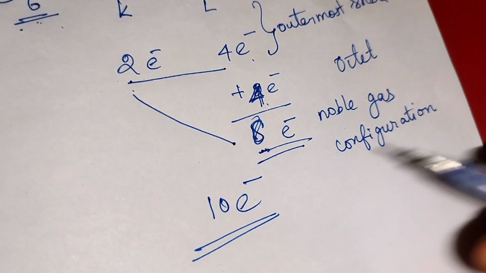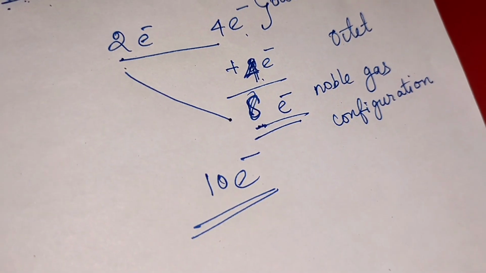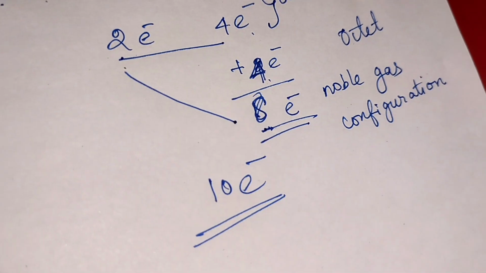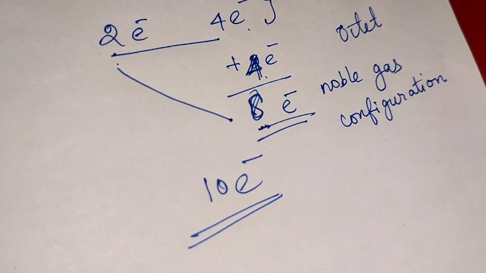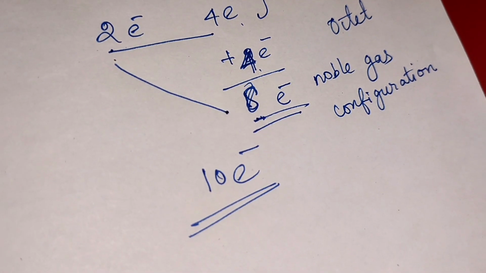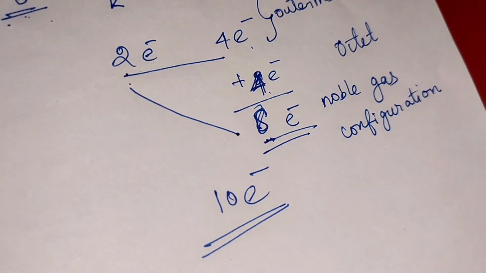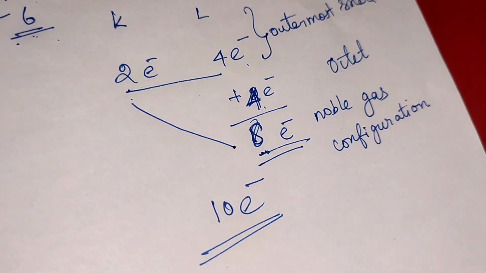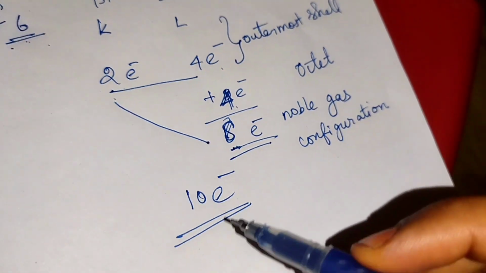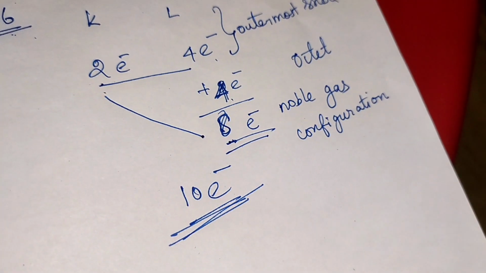It is difficult for carbon to hold 10 electrons in the nucleus. This is not only for carbon, for many elements this is the main problem.